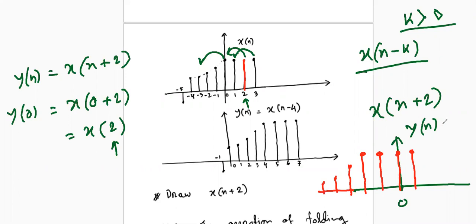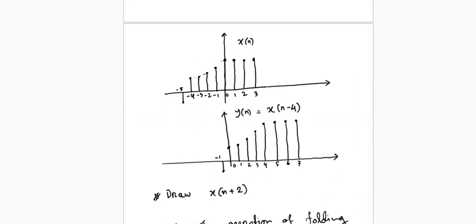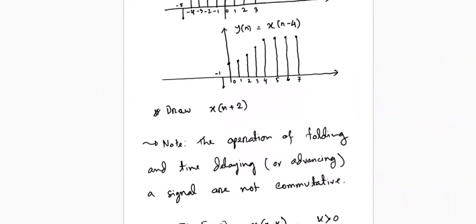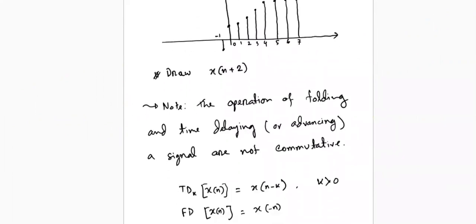So this is nothing but y[n] is equal to x[n+2]. This is how we can shift our signal to the right or left. So this is called transformation, transformation of the independent variable.